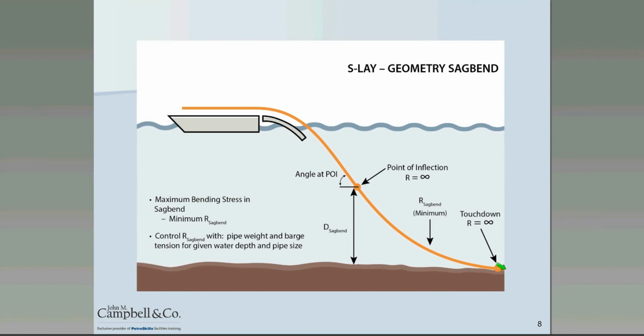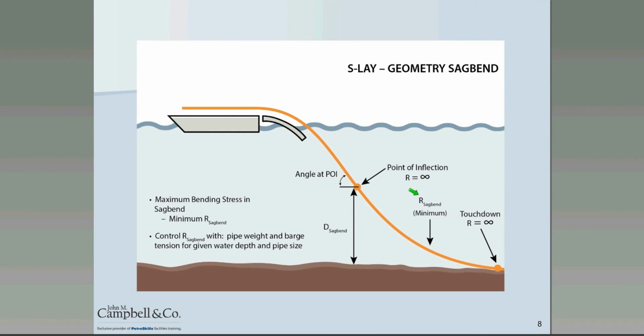But to make that geometric transition from the point of inflection to the touchdown point, we're going to have to bend the pipe as well as change its angles. Therefore, we're going to have bending moments and bending stresses in the pipe. At a point in the sag bend, usually quite near the seabed, you're going to reach your minimum radius of curvature, and since that's your minimum radius of curvature, that will be your maximum bending stresses.